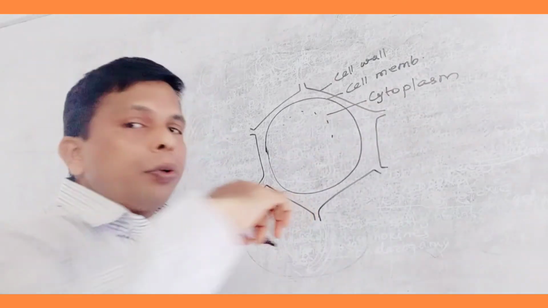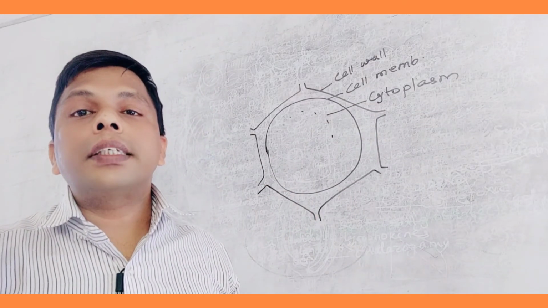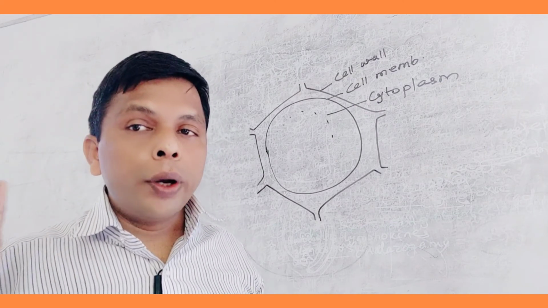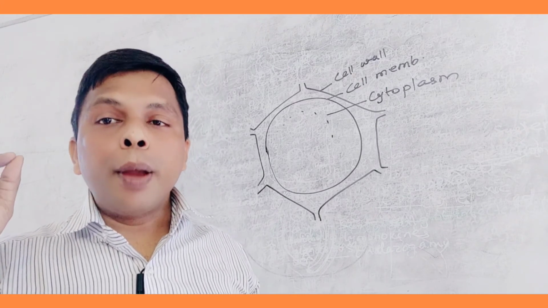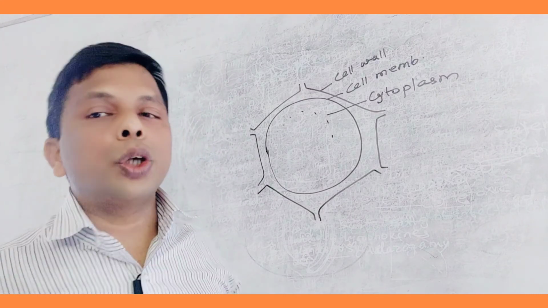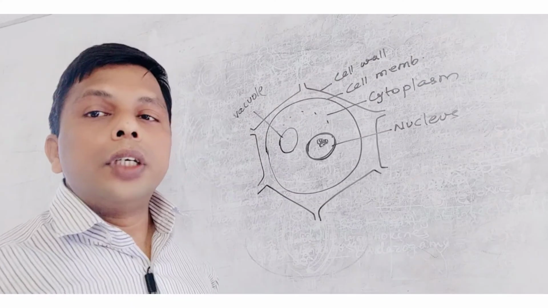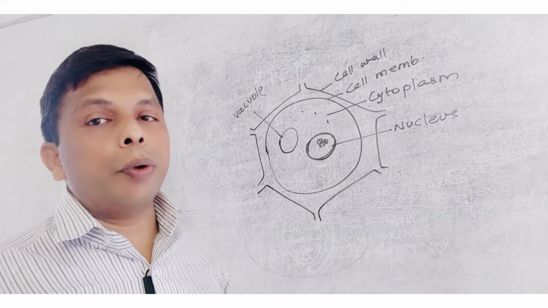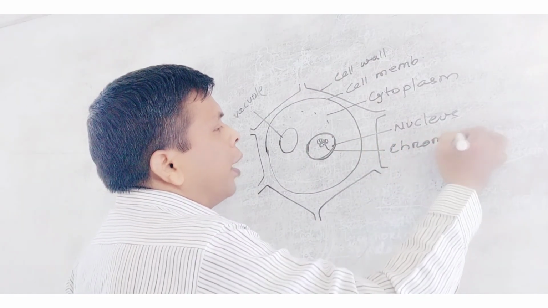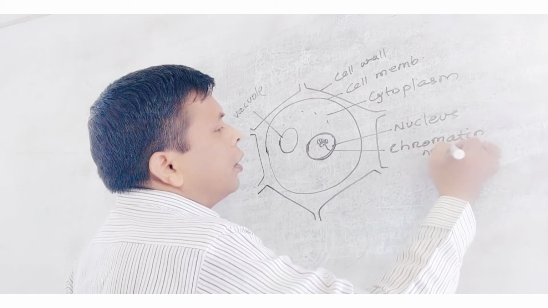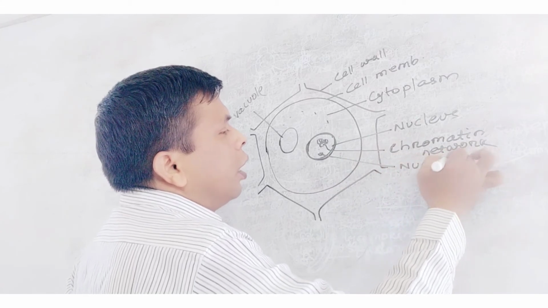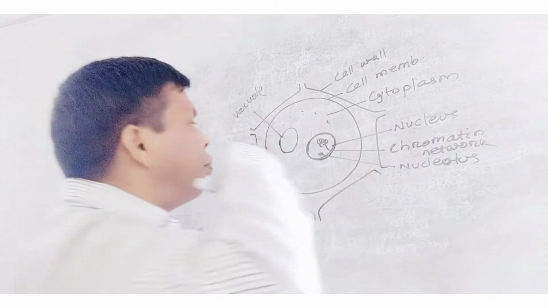This cytoplasm consists of different cytoplasmic inclusions: storage food granules and membrane bound cell organelles. The nucleus is also present at the center. A true, organized nucleus is found here. Inside the nucleus, there are chromatin substance, chromatin network, and the nucleolus. The nucleolus helps in formation of ribosomal RNA.